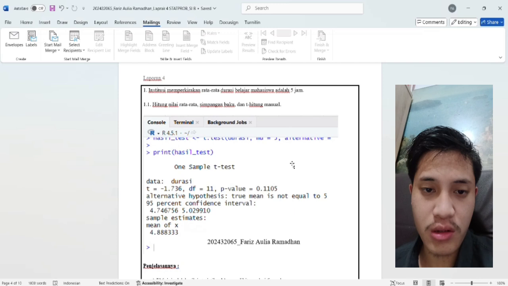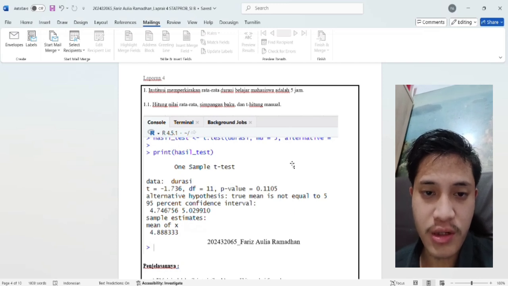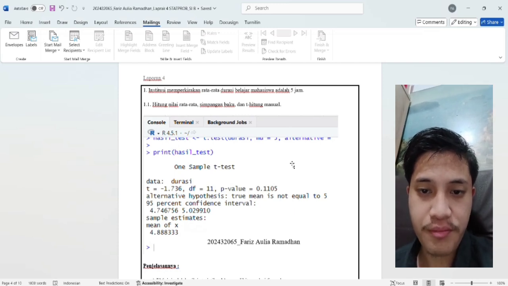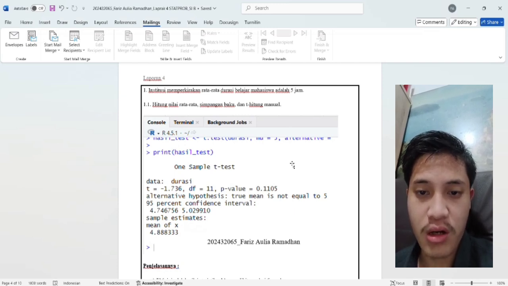Mean, t equals 1.1736. This is the t statistic calculated using the formula. DF equals 11. This is the degrees of freedom calculated by the formula.